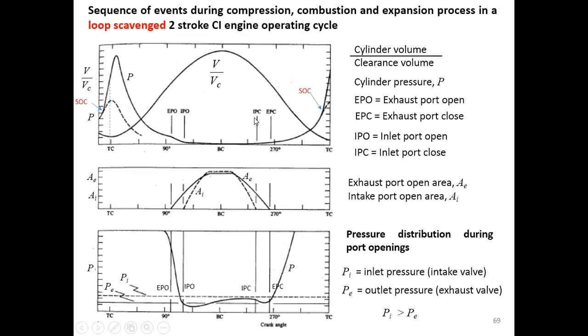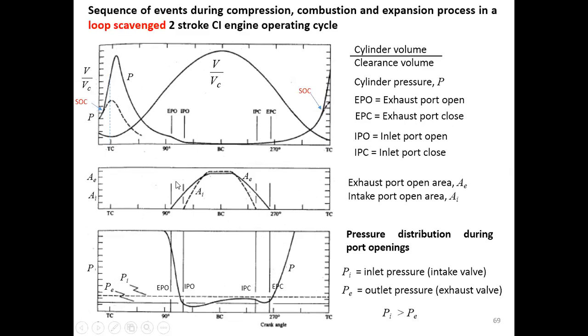So the inlet port closes, and after that the exhaust port closes. The piston keeps moving up, and the pressure starts to rise because now you have a closed volume inside the cylinders, since both ports are closed. So the pressure starts to rise, and then the combustion happens. The pressure deviates from the motoring curve again, and goes up high. So this shows you how the pressure is distributed inside this loop-scavenged two-stroke CI engine.